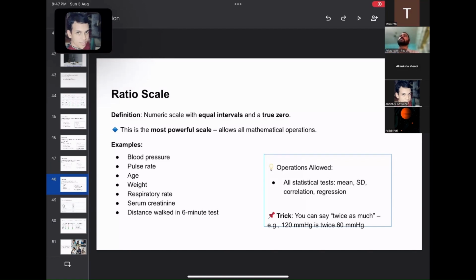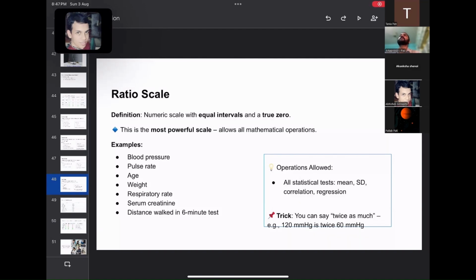It's not just about living or dead, right? So we are talking about a data or a variable that has an absolute zero. It does have an absolute zero, isn't it? It can fall to zero, isn't it? Zero is a valid data point for that individual variable. Are you getting it?